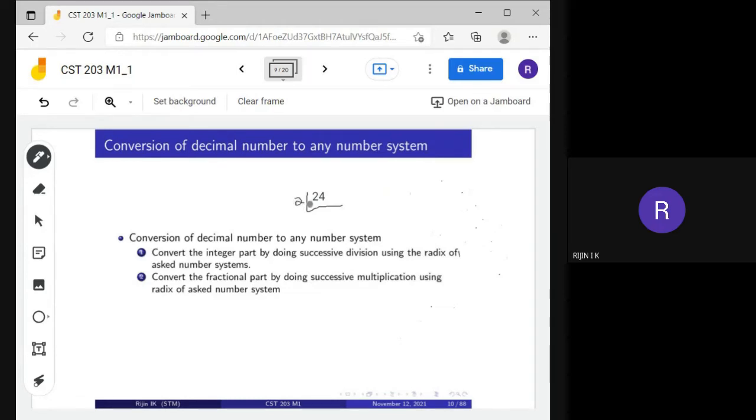After division, what will be the quotient? 24 by 2. Nandana, tell me, what is the quotient?